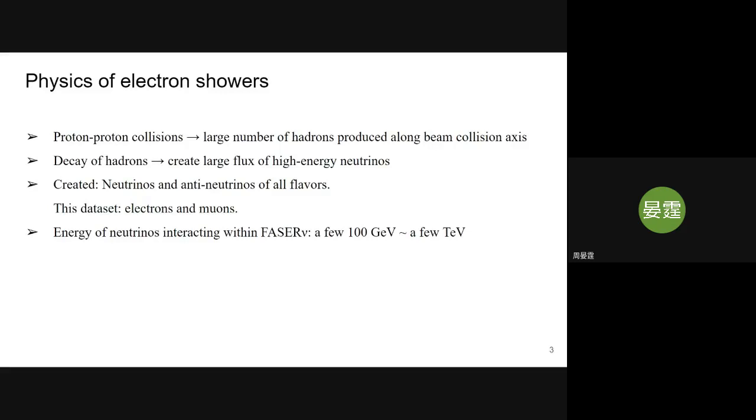These hadrons will then decay into many high-energy neutrinos of all flavors. This dataset specifically is on muons and electrons. And Phaser aims to break the record of the highest energy recorded for the detection of these neutrinos, and the range of neutrinos that can be detected is a few hundred GeV to a few TeV.